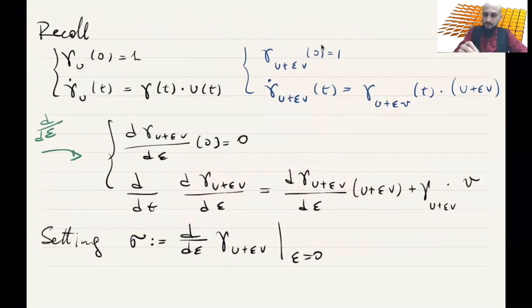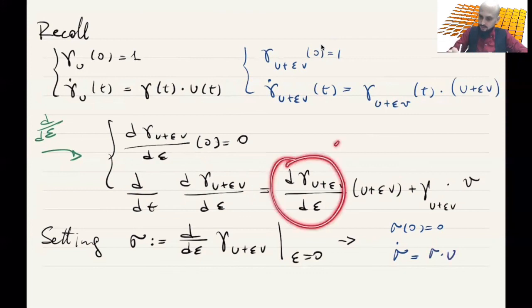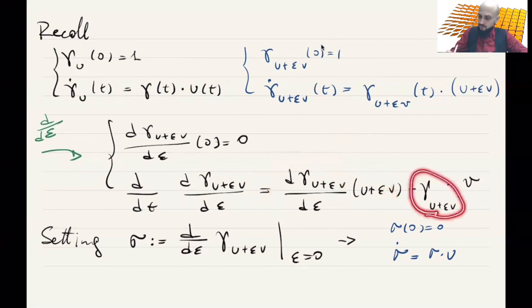Now, sigma satisfies sigma of 0 is 0, and sigma dot is equal to sigma times u, plus gamma of u times v. So sigma satisfies this ODE system.